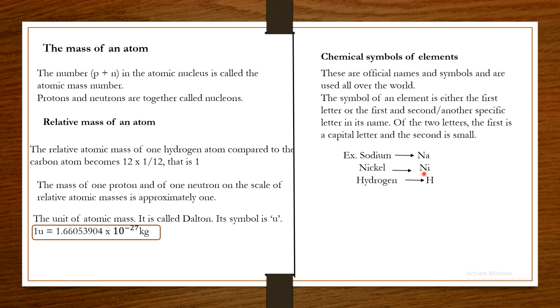Nickel is Ni, both having N, so we have to write the second letter. Hydrogen has the symbol H, oxygen has the symbol O, carbon has the symbol C, calcium has the symbol Ca, chlorine has the symbol Cl. First letter is capital, second letter is small. So likewise you can write the chemical symbols of elements.